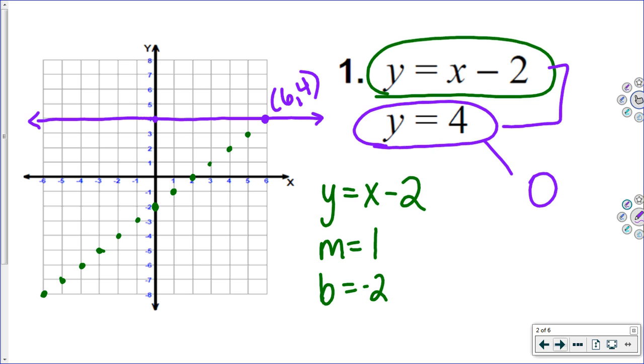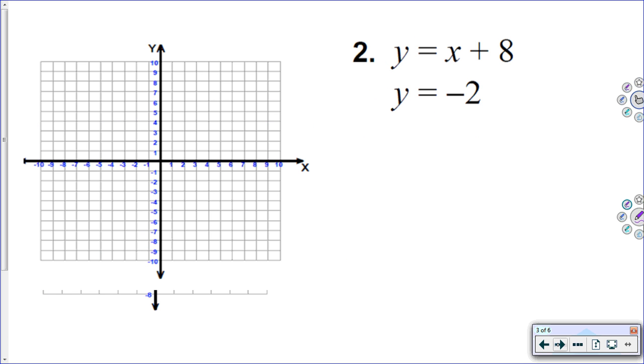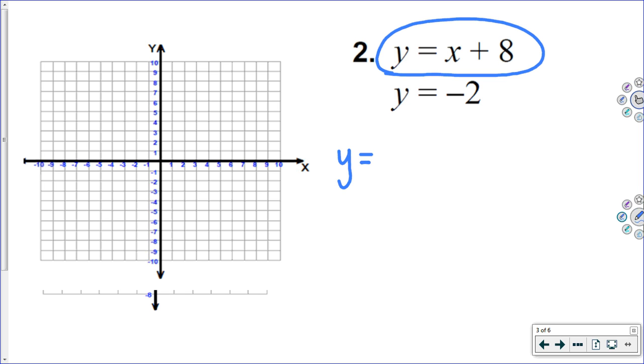Let's try another example. All right. My first equation that I'm going to look at is y equals x plus 8. In this equation, I know my slope is 1, my y-intercept is 8. I will begin by plotting 0, 8, my y-intercept.